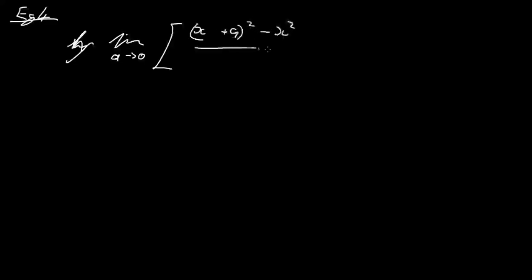So they give the example. Find the limit as a tends to 0 of (x plus a) squared minus x squared, over a. Okay.